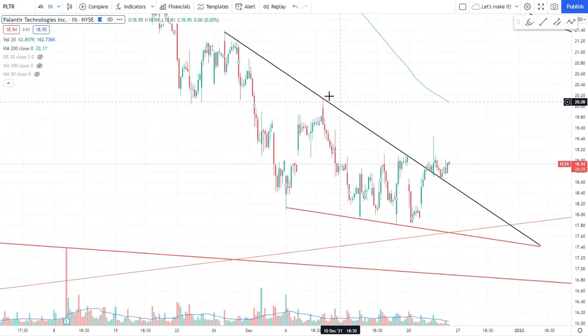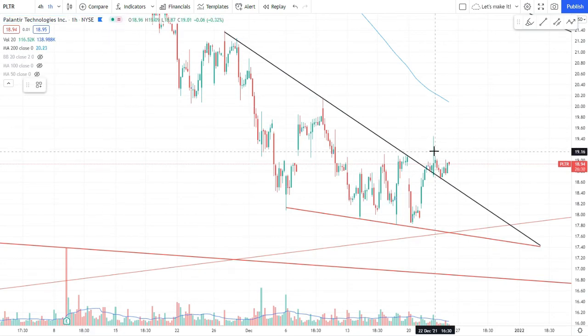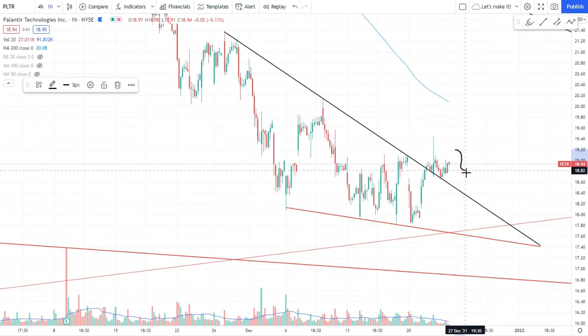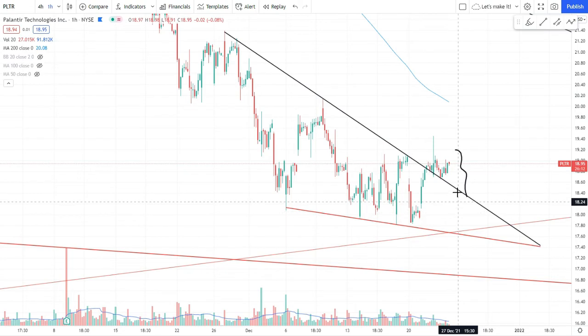But despite this, I think we might realistically expect the price to try, in the next days or weeks, a pullback or a retracement towards this resistance line, which is now acting as a support line.